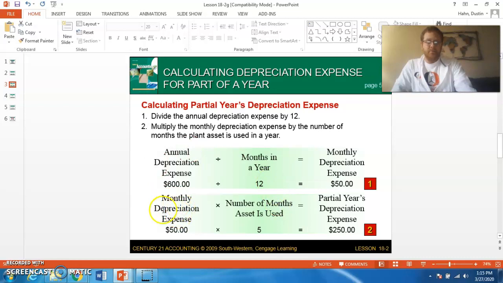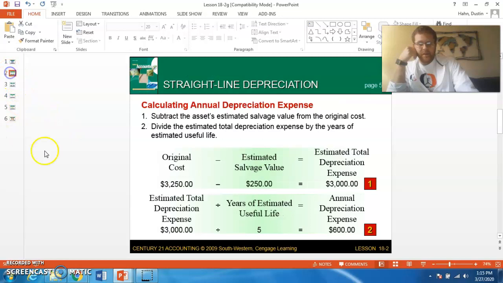All we have to do is take our monthly depreciation expense, which is $50 a month, times the 5 months we had the car. We are now projecting that we are going to pay $250 worth of depreciation just for this year.